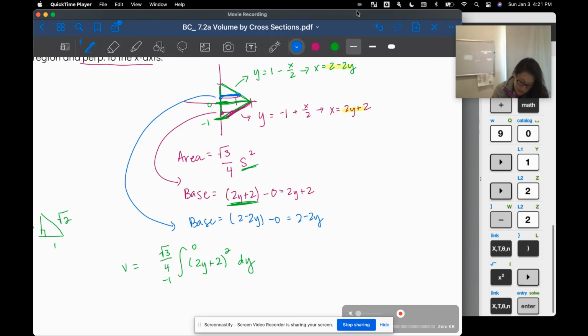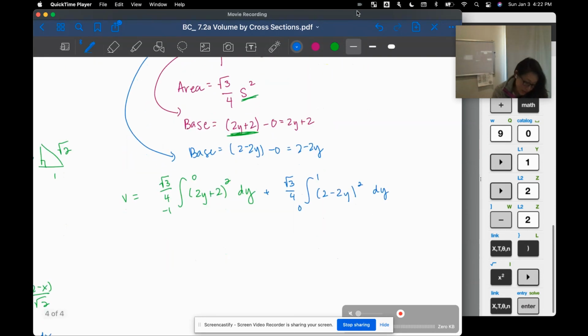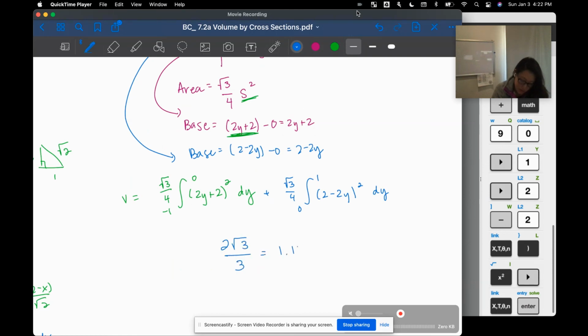Plus square root 3 over 4 times the integral from 0 to 1, okay, of the base, which is (2 minus 2y) squared dy. Again, I used a calculator, and I got 2 times the square root of 3 over 3, which is equal to 1.154 truncated, or 1.155.